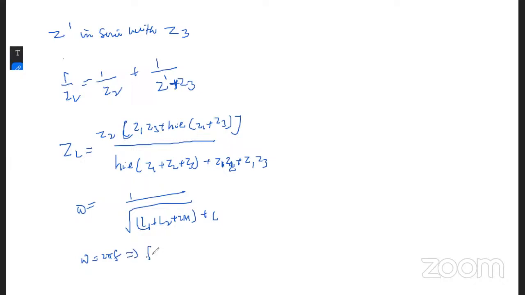So from this, the frequency of oscillations we can write as omega by 2 pi, which gives 1 by 2 pi under root of L1 plus L2 plus 2m into C. So this is the frequency of oscillations of the Hartley oscillator: f equals 1 by 2 pi under root of L1 plus L2 plus 2m into C.